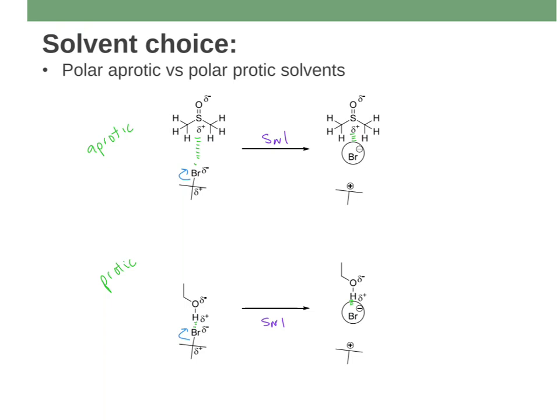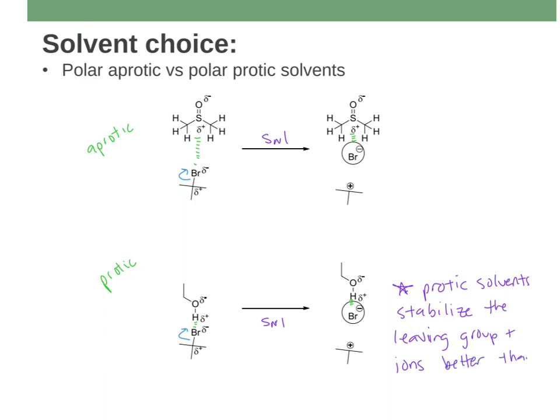So what we tend to see is that protic solvents stabilize the leaving group and the resulting ions better than aprotic solvents.